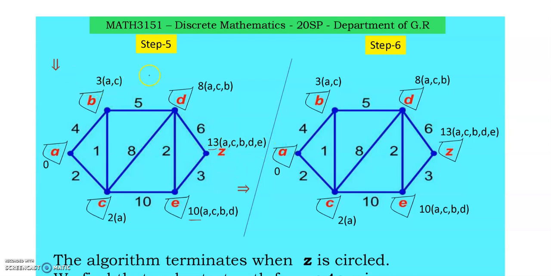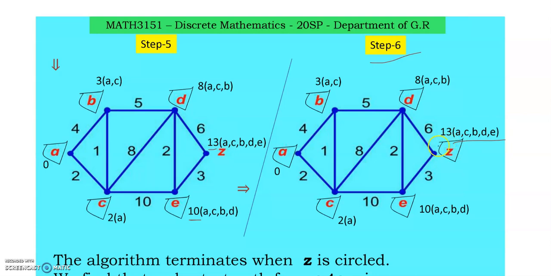Now this is step 5. What have we done in step 5? We have fixed the vertex E, then we have calculated for Z. Now see in step 6, for Z, this is our aim, A to Z. We have to find the shortest path. So this is the shortest path: A, C, B, D, E, Z. Now what is the minimum distance of this shortest path? 13.